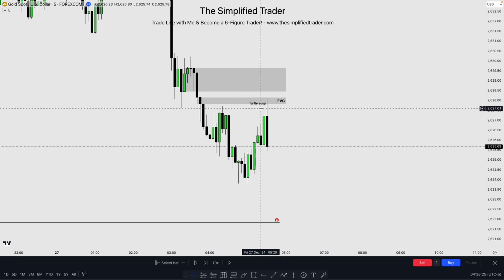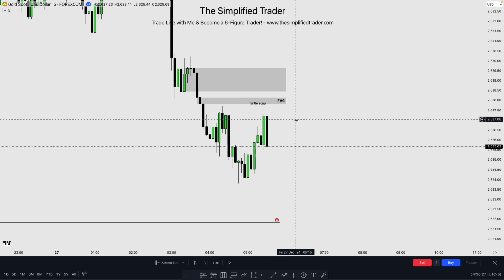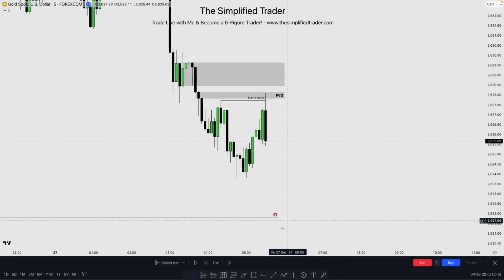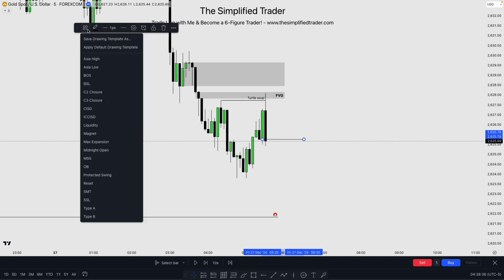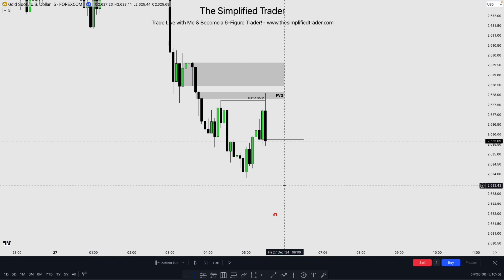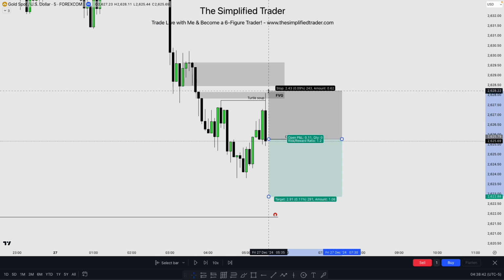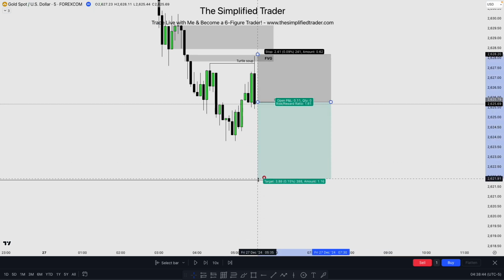So we sweep liquidity, run into a fair value gap, and look at the candle closures. This candle completely engulfs this candle, making this what? A valid order block. So there you can go ahead, take a retest of the order block, stops at the high, and we can target a 2R.